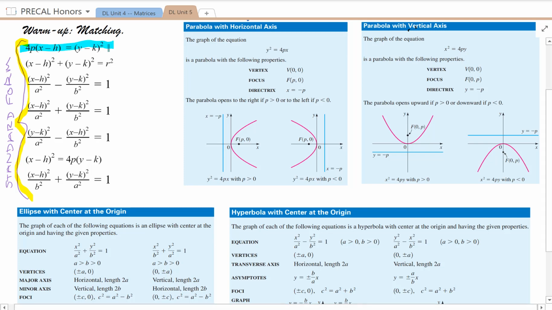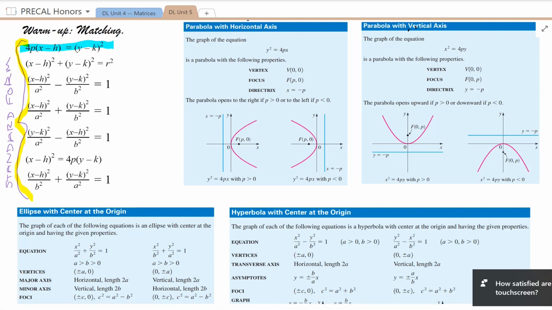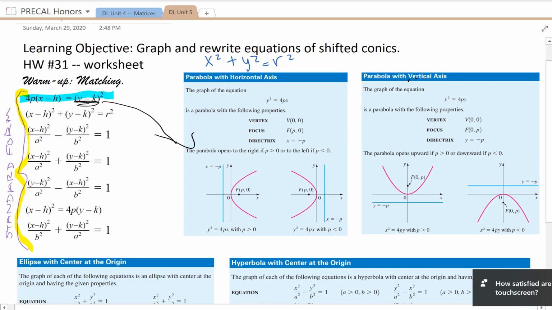So take a look at this one. You have the quantity y minus k being squared, but nothing over here in the x's is being squared. That means it's a parabola and you are opening to the left or right. So this shifted conic goes with that one. Okay, and then of course this one is a circle.